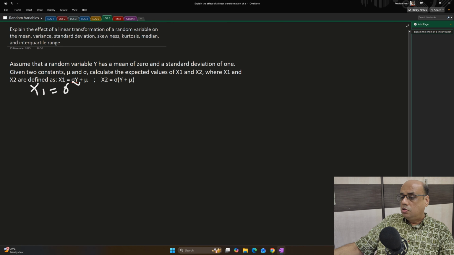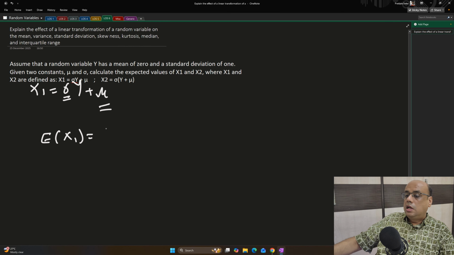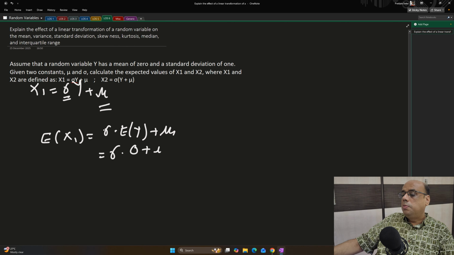X1 is equal to sigma y plus mu, and they have purposely given these values to confuse us. So expectation of x1 is equal to sigma into expectation of y plus mu, which is sigma into 0 plus mu, equal to mu.